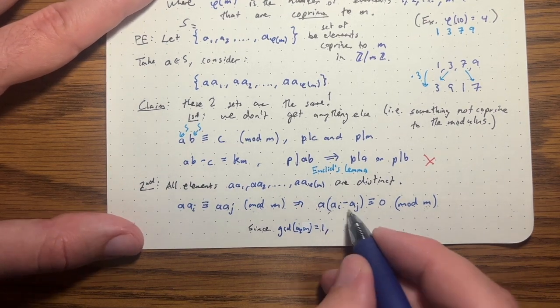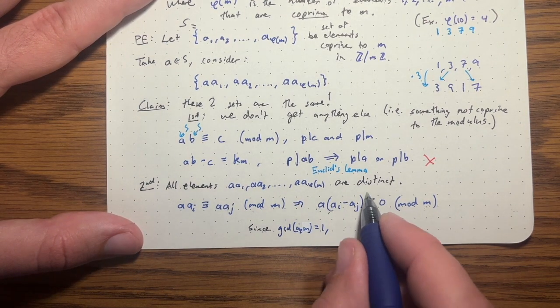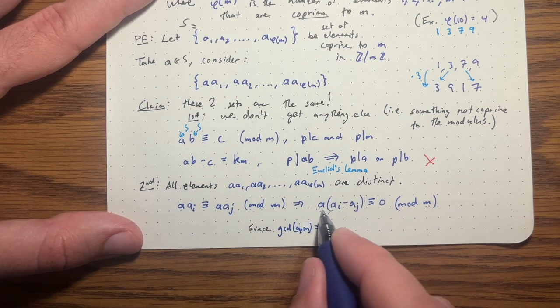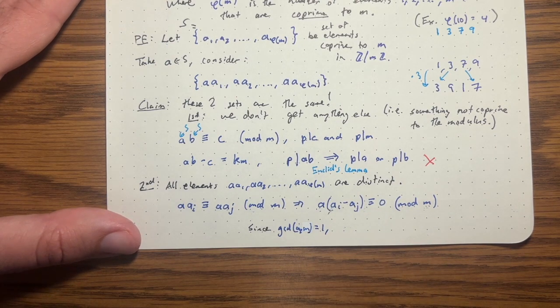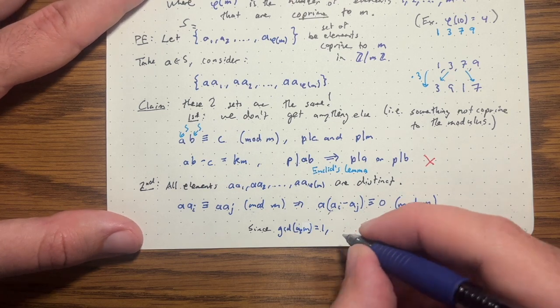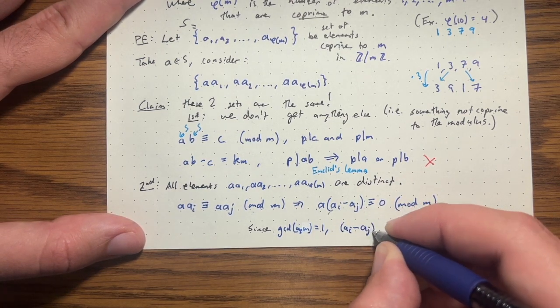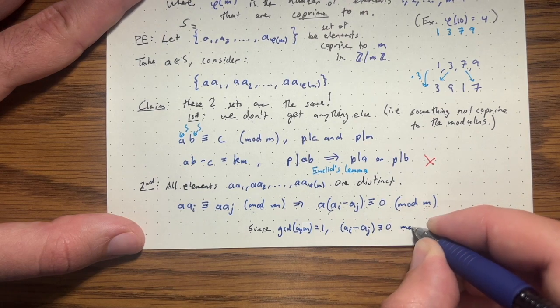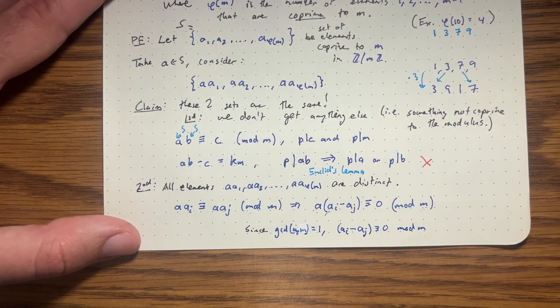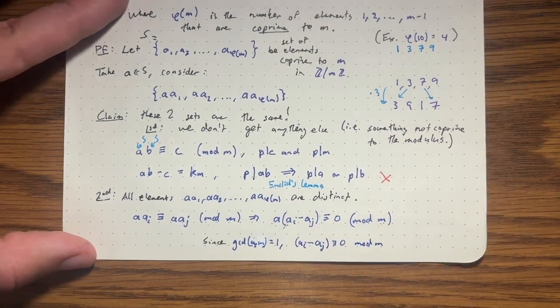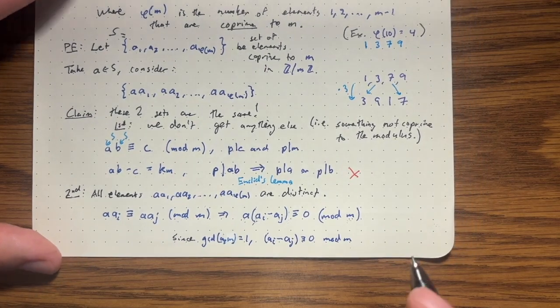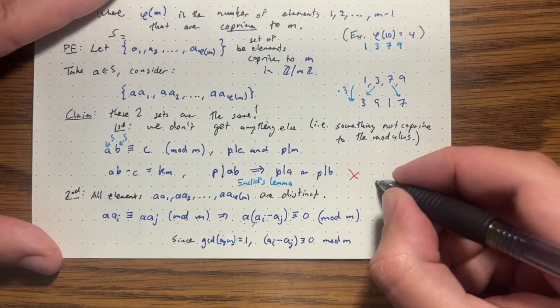We can conclude that M is going to divide this number here. So why is that? In other words, this is congruent to 0 mod M. Why is this? This is the slightly more general version of Euclid's lemma that I think we saw once before.